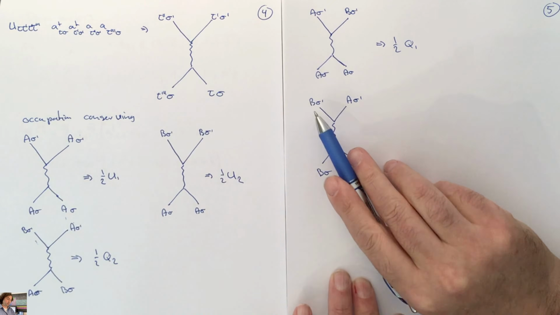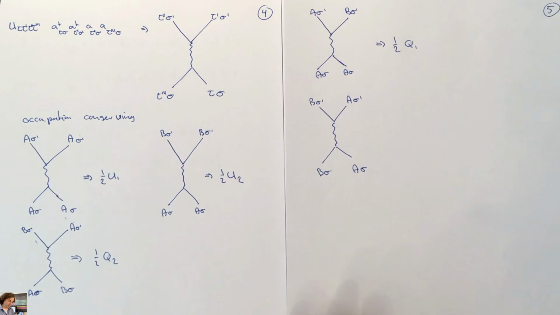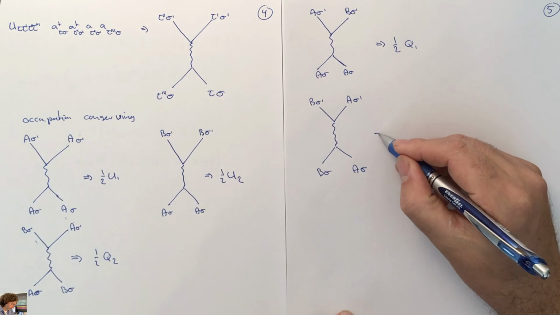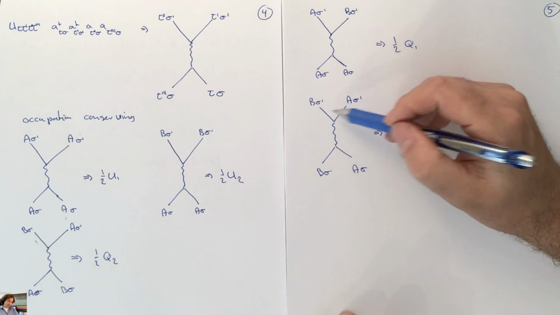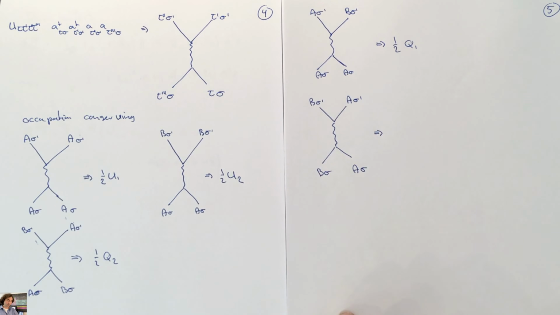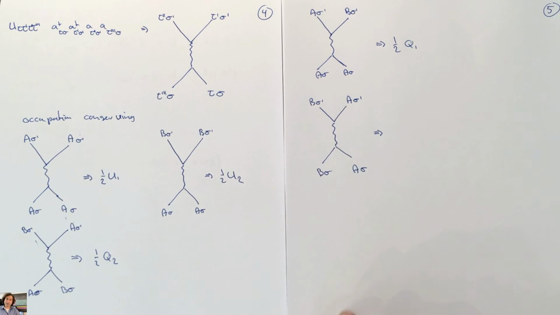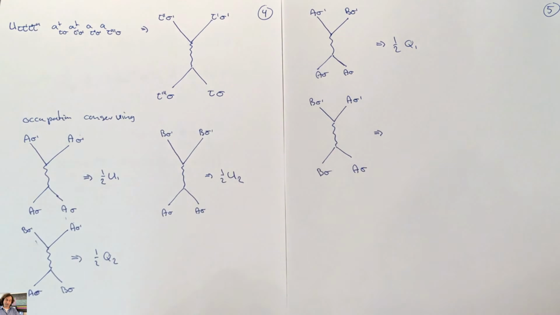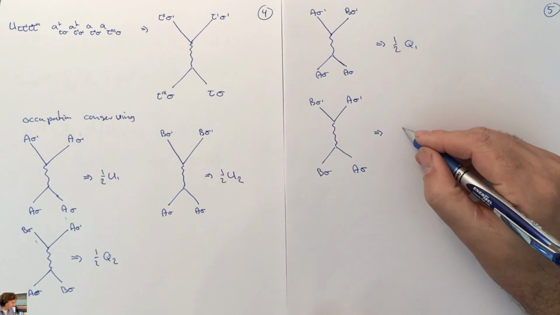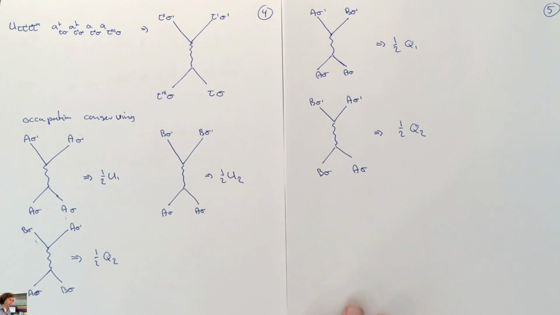And in this case it's a pair hopping from two electrons at side B hopping to two electrons at side A. Now this interaction is a multiplication of the wave function at side B times A at R1, B at A, B times A at R2, and then integrated over R1 and R2. And that is actually the same as what we have here for the exchange integral. So also this is a half Q2.